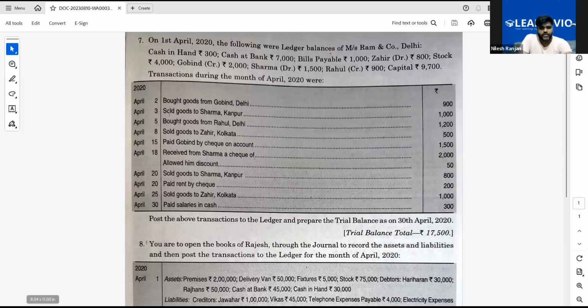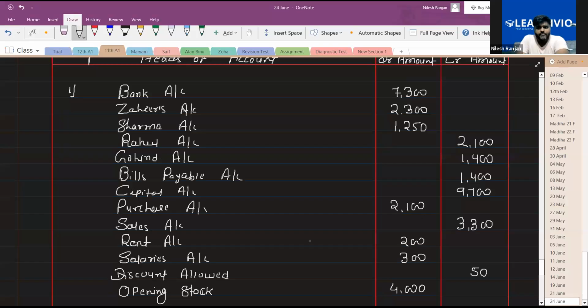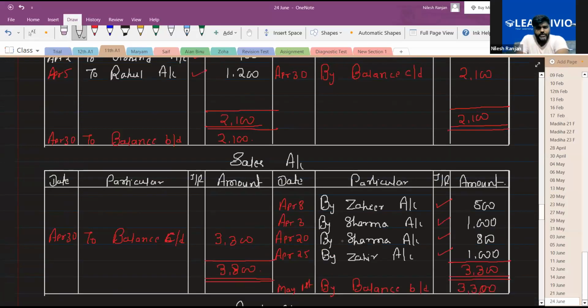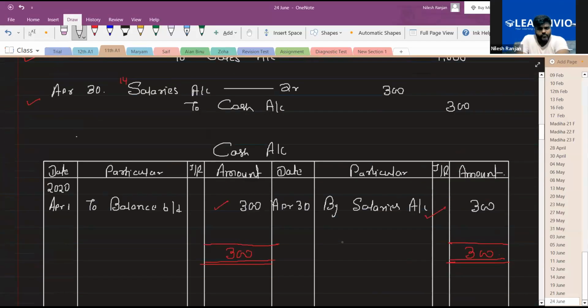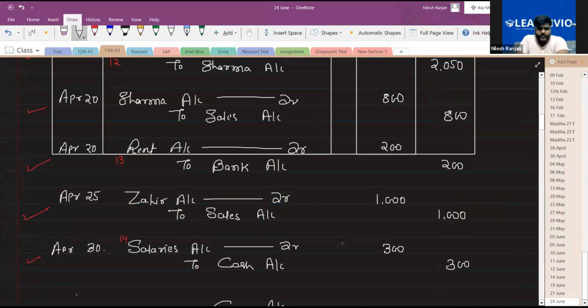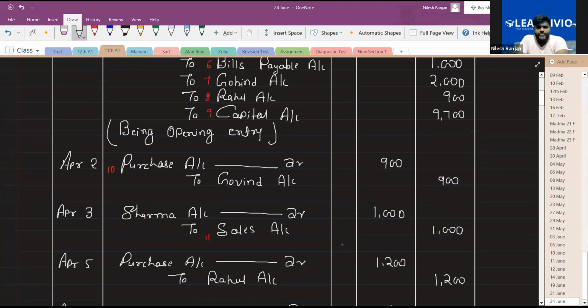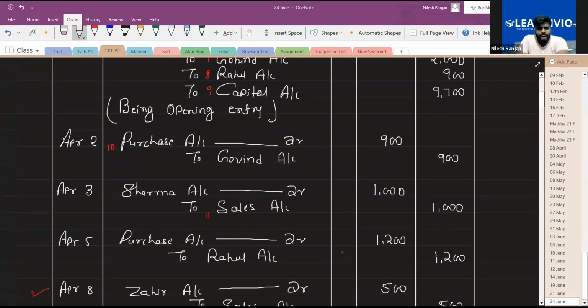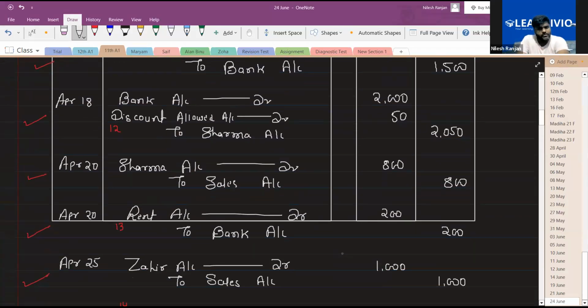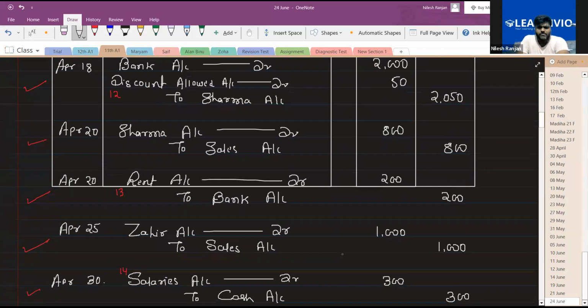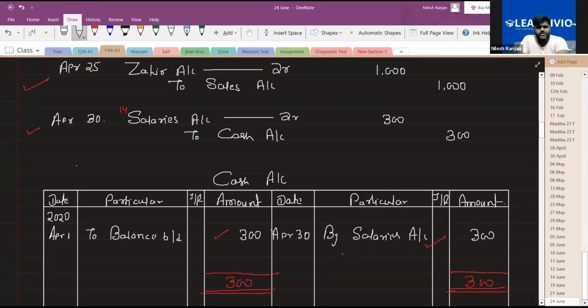Okay, write this down. Actually, you have to go through all this once again to check if there is any problem here. So take a screenshot of this. I'll try to find the error. Journal entry I have already done. There is no issue in the journal.